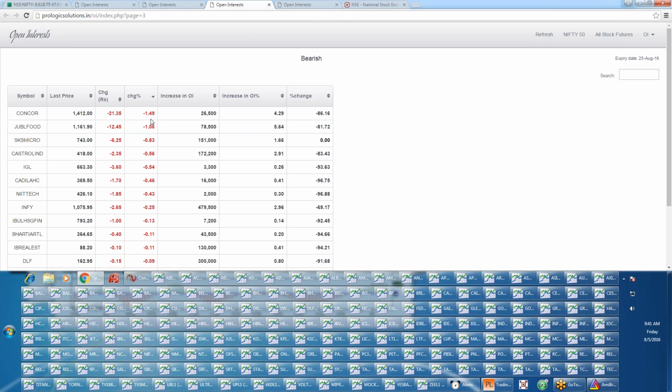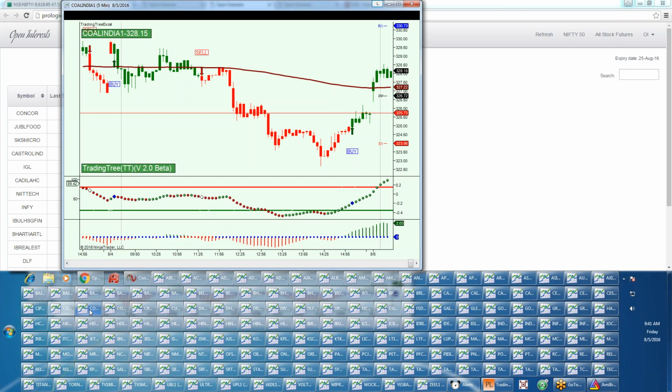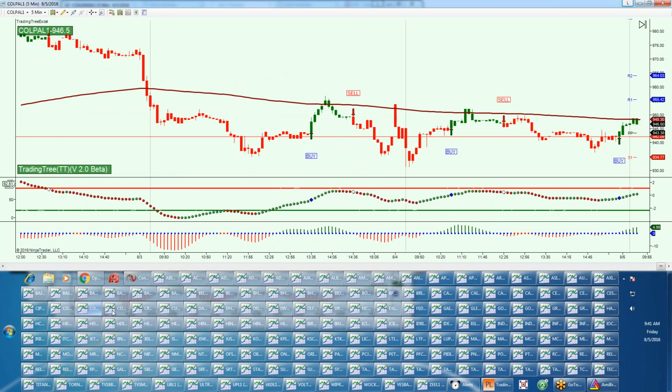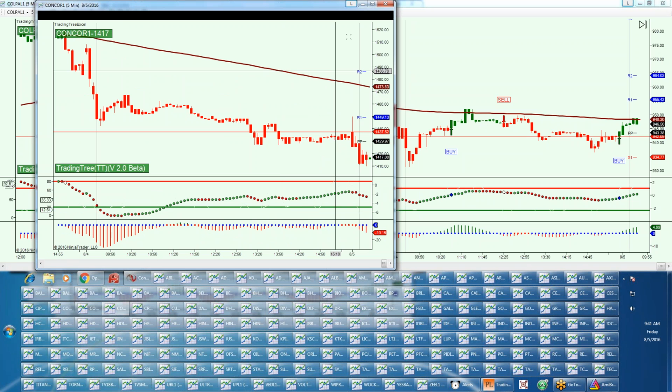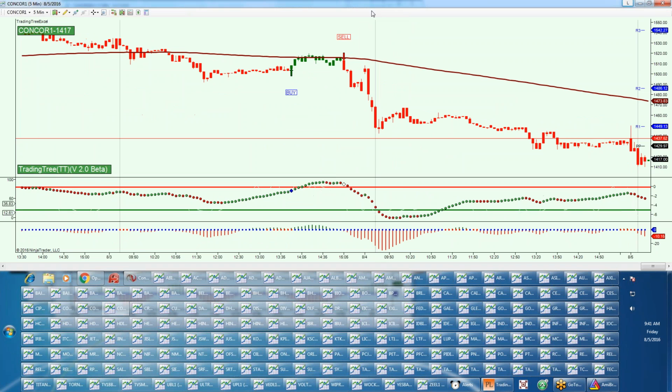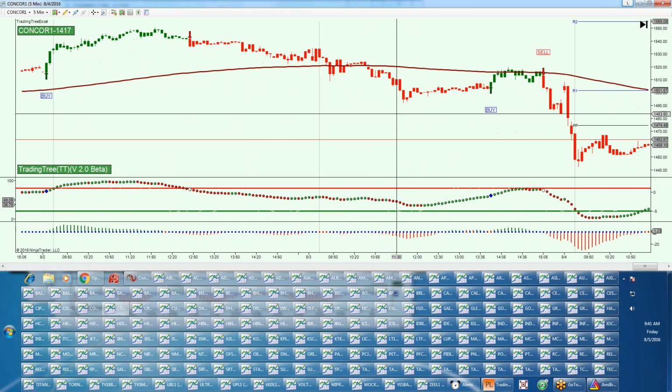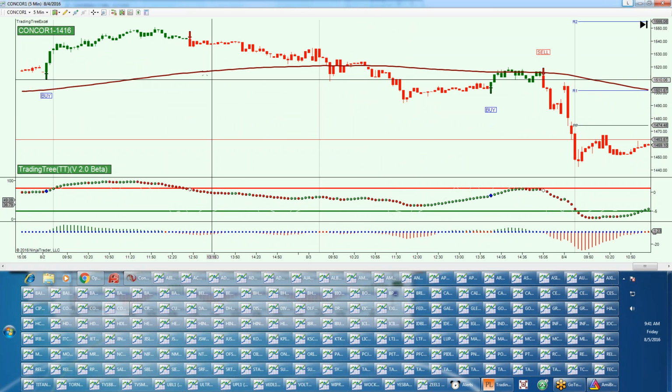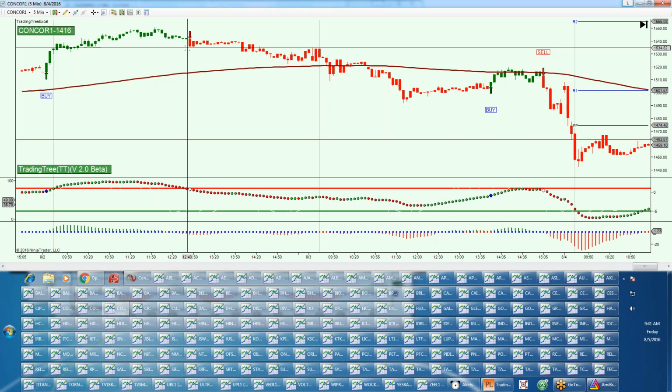Container Corporation is down by nearly 1.5%. Yesterday also it was a huge fall for Container Corporation. So this trend has been there for the past 3 days.